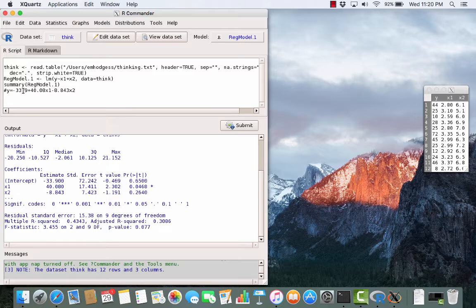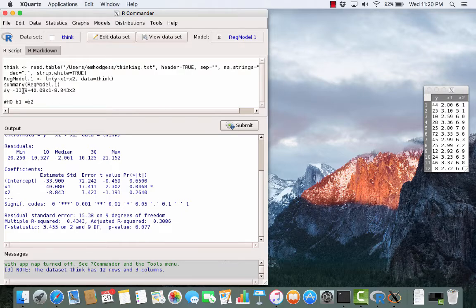Okay, my second is to test for the overall fit of the model, and you know how crazed I've been recently about having the hypothesis test. So we're going to have H0: beta 1 equal to beta 2.